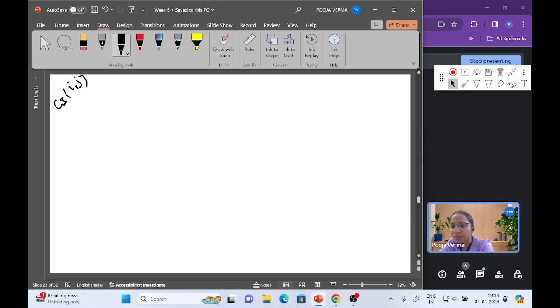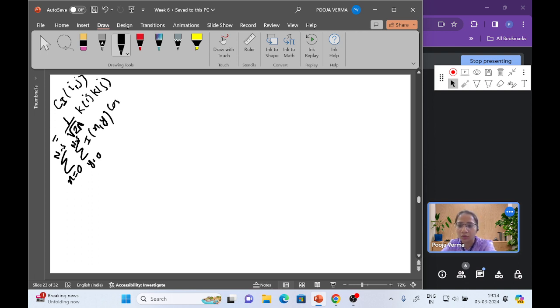I comma J. First we need to write it down, otherwise we cannot solve this. 1 by root 2n, k i, k j, x is 0 to n minus 1, y also varies from 0 to n minus 1, I x comma y, cos of 2x plus 1 into i pi divided by 2n, into cos of 2y plus 1 into j pi divided by 2n, right?